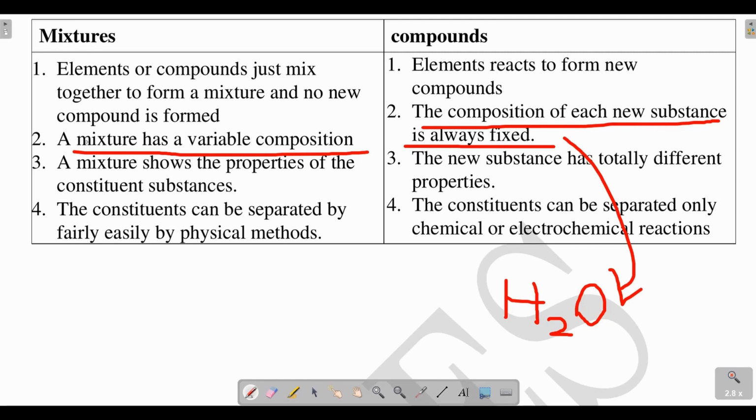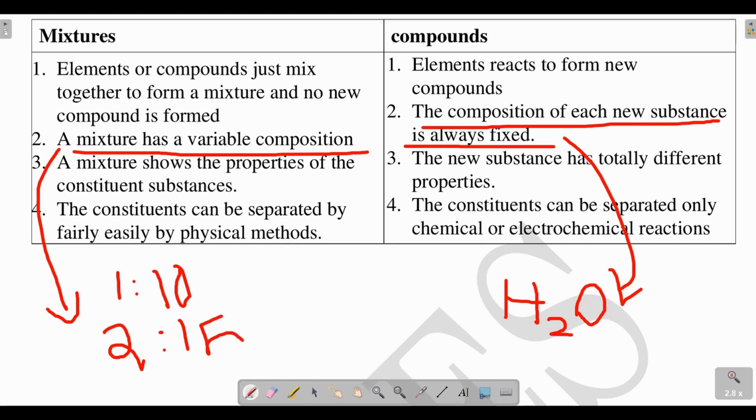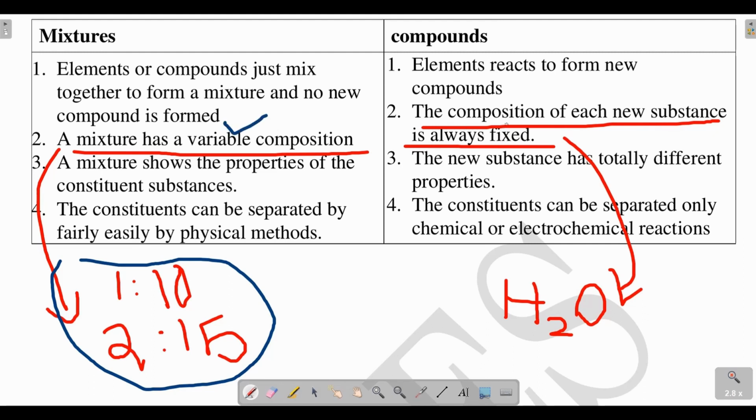While coming to the mixture, for example, salt solution, you can make a salt solution in the ratio 1:10, if you take 1 gram of salt and 10 grams of water. Or you can make a salt solution in the ratio of 2:15, if you mix 2 grams of salt and 15 grams of water. So that means the composition of a mixture is always variable. That is the second point we have to remember, whereas in a compound it is fixed.